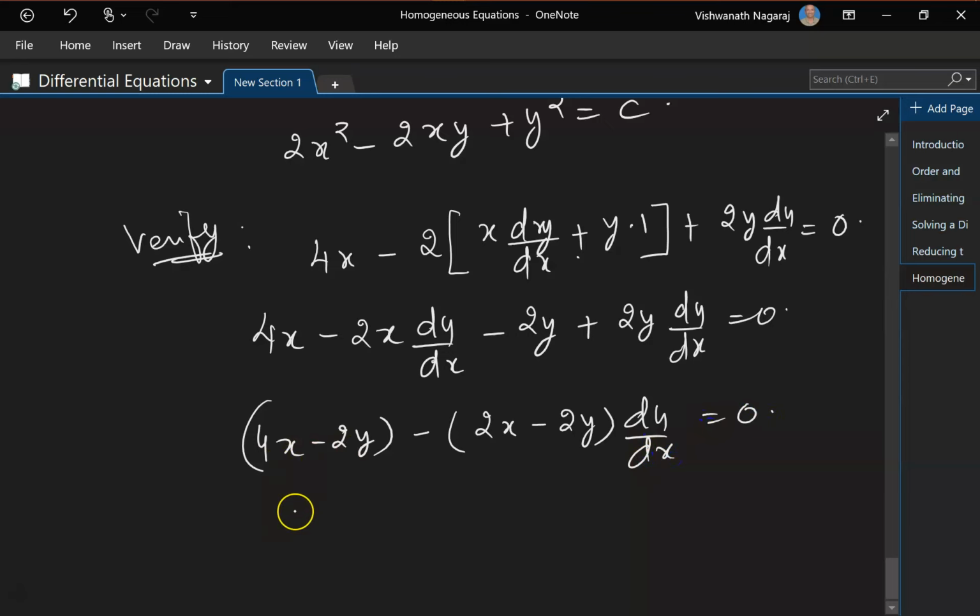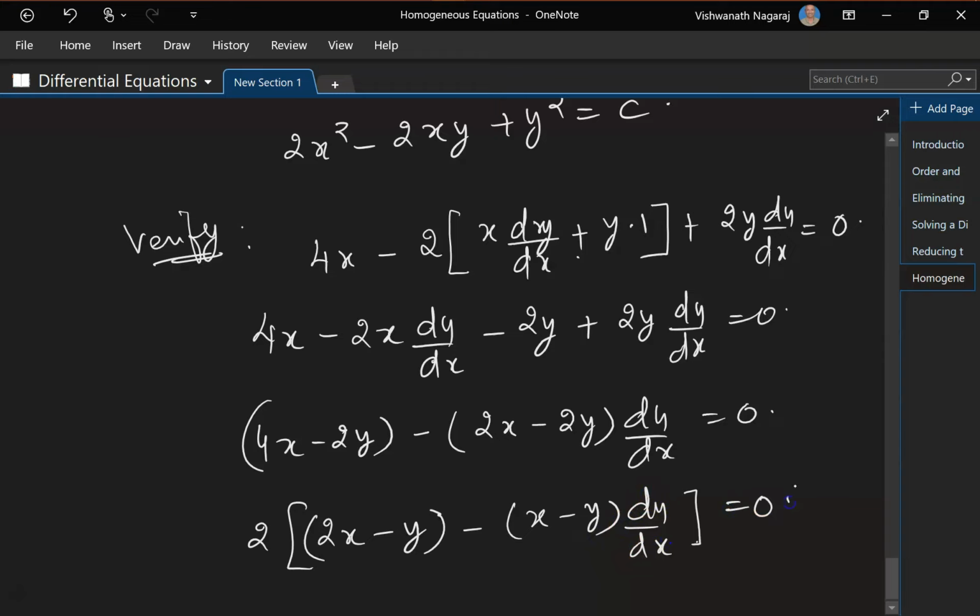Here take out 2 common, here take out 2 common. So 2 common out. So this becomes 2x minus y minus here x minus y dy by dx is equal to 0.